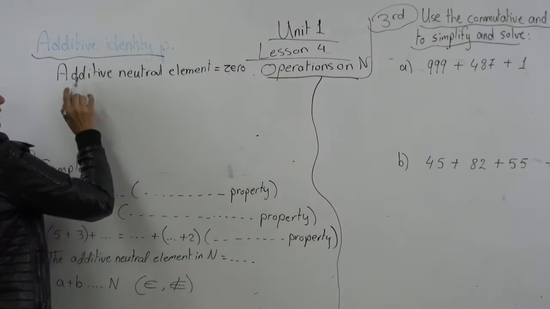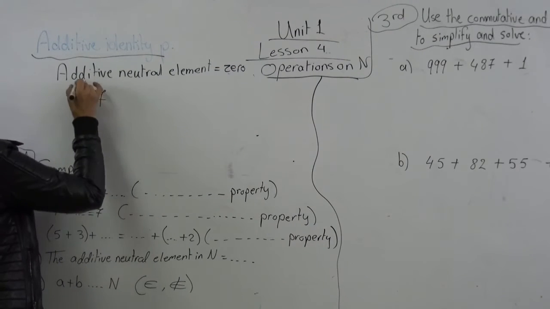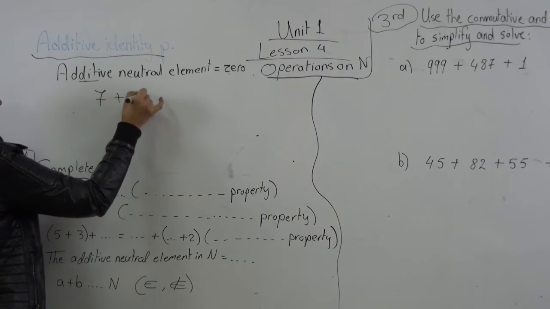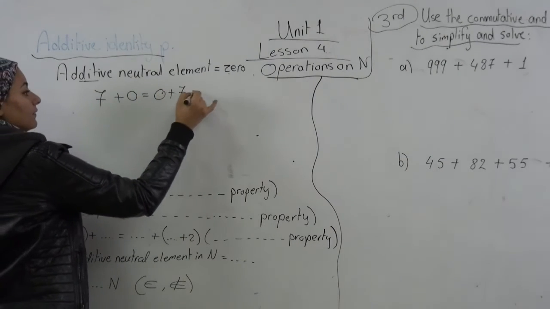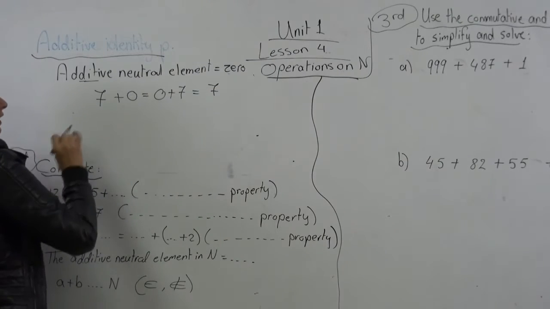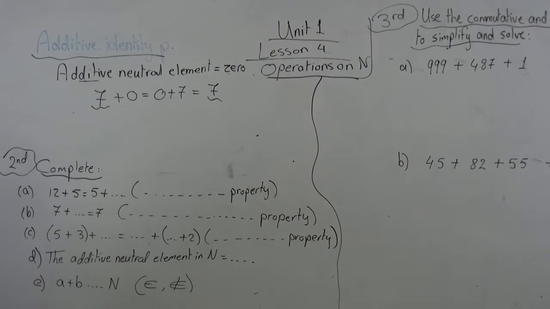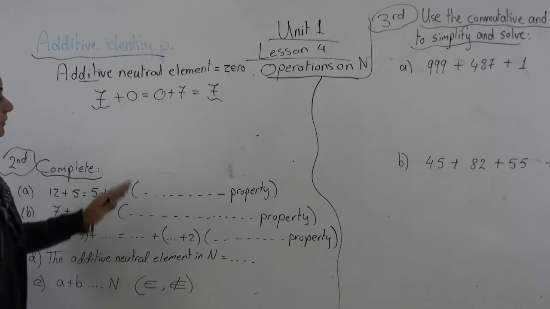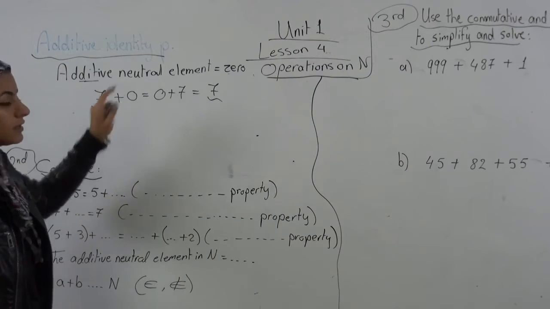Why? Because if I take any number and add 0 to it, for example 0 plus 7, the answer will stay 7, as if we didn't do anything in the problem and 7 stayed 7. That means that the element that is neutral in addition is 0.